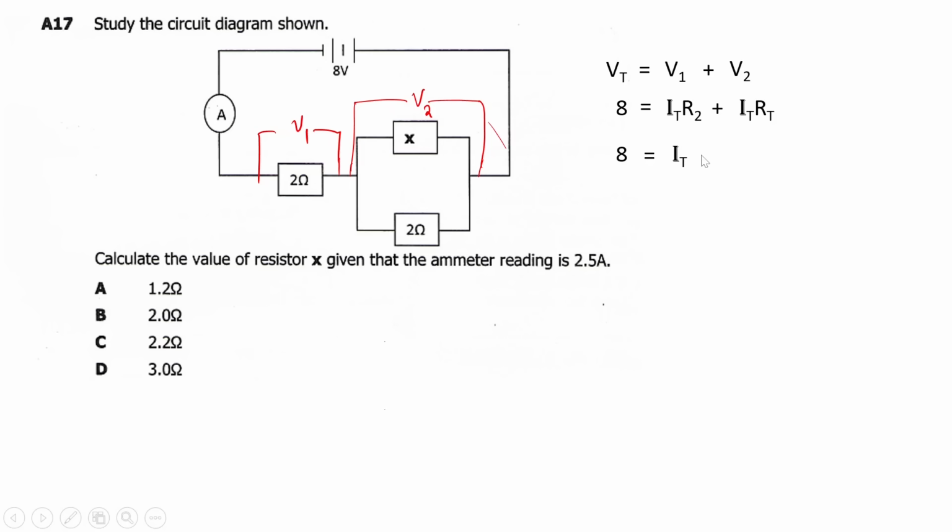So we'll factor out total current, open brackets, and remain with R2 plus R total. Now what we want is to get rid of this. So divide by total current, also total current, so that this current here can go with this. So that what we are going to have is R2 plus RT is equal to 8 divided by IT. So I've just cancelled this. I have picked this, which is this one, equals this one has come this side, so that we start substituting.